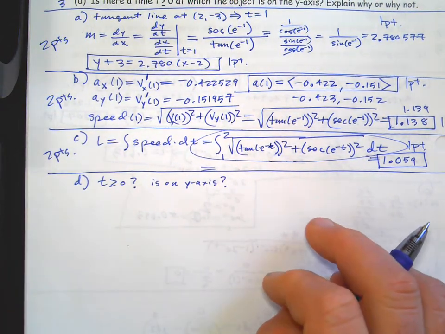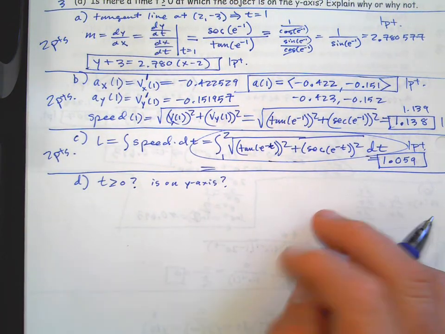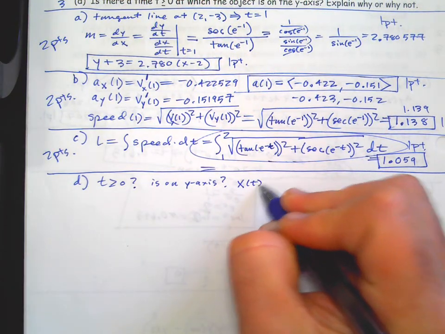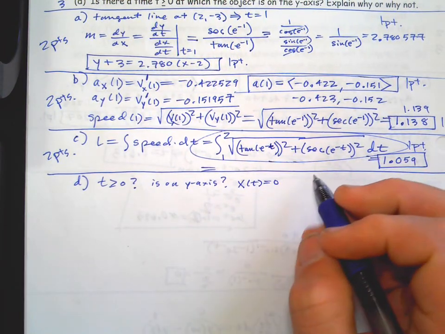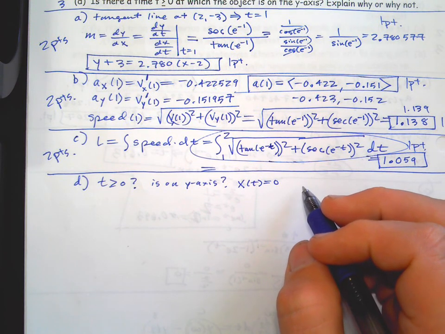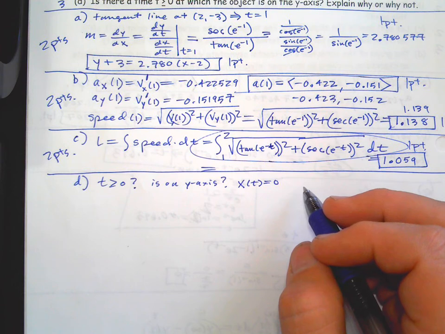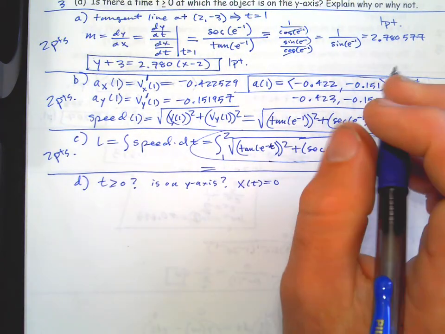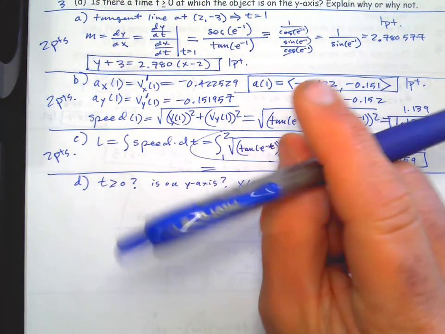So this one's kind of weird. On the y-axis means that x equals 0, right? I don't know if we could solve this. We're not going to integrate these by hand, so we have to use our calculator. Maybe the fundamental theorem of calculus part 1.